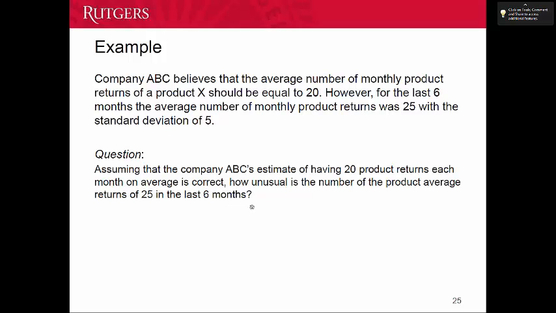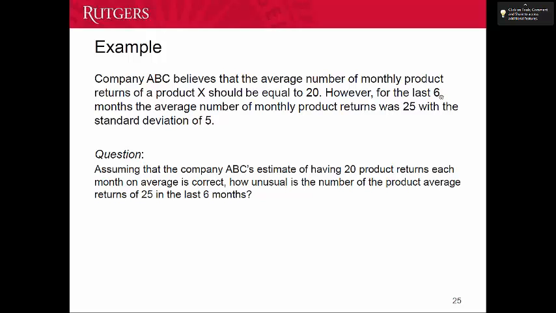So in this case, we only know that the population mean equals 20. And we also know that we have a sample of 6 observations, which is not large.